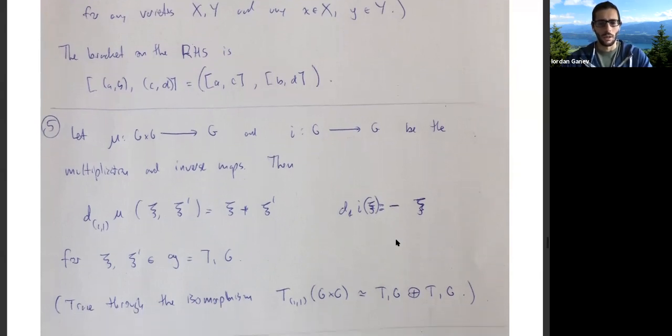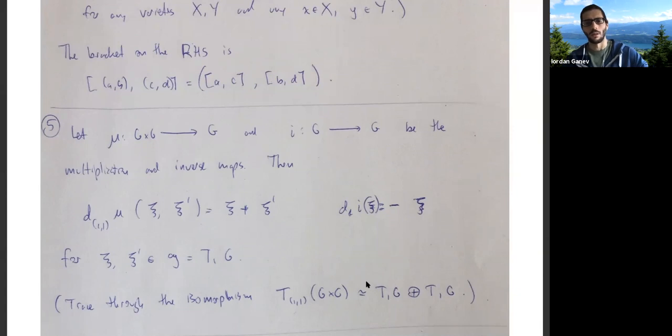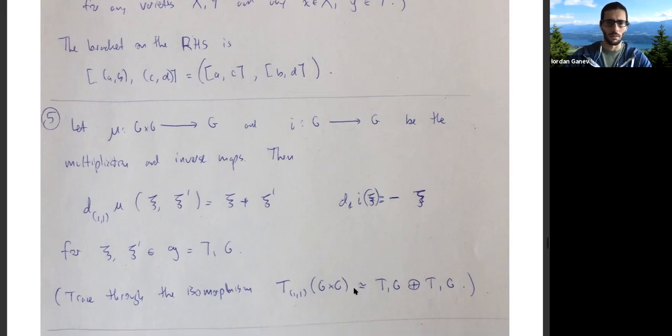So I won't go through the proofs, but it amounts just to tracing. If you understand how this isomorphism works for any varieties, in particular for the group, then you can just trace through what happens, and you get these identities. So that's another fact.